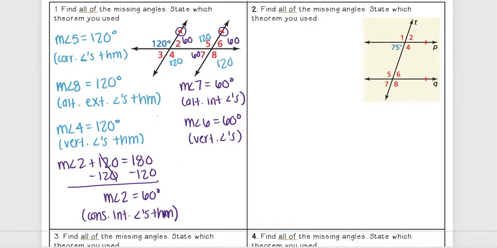I could use vertical angles for angle 3, but another thing is that angle 3 and 120 are a linear pair. I see they form the same line, so that means I could also do 180 minus 120, which is 60 degrees. And so I use linear pair.